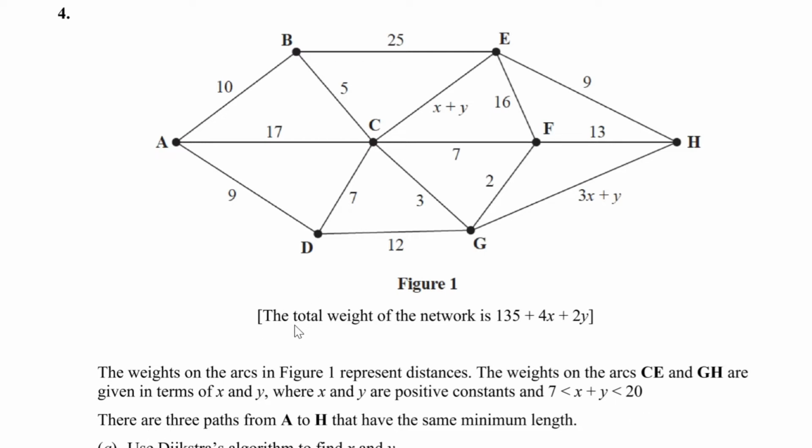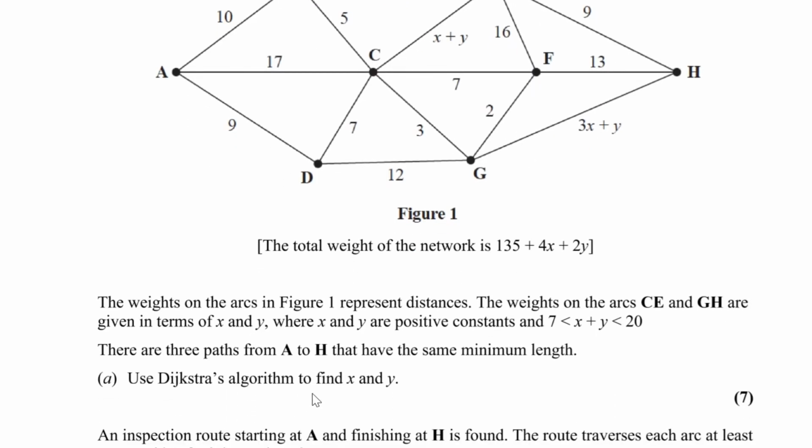We also know that the total weight of the network is 135 plus 4x plus 2y. If you add all these weights together, you'd get this. There are 3 paths from A to H that have the same minimum length, and we have to use Dijkstra's algorithm to find x and y.